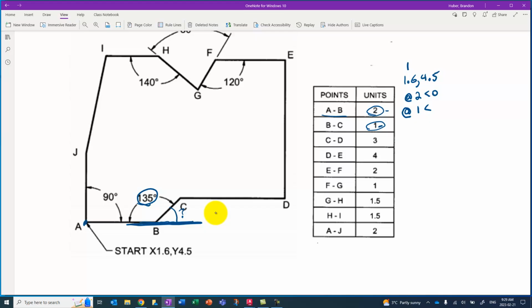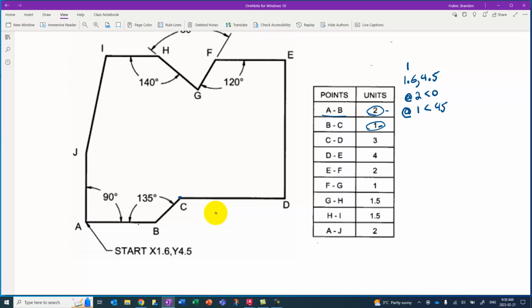If this is a straight line and we know 135, our unknown angle here has to add to 135 to make 180. So the unknown angle here must be 45 degrees. Not negative, just 45 degrees. So our command here would be at 1 angle 45. Okay, not bad. So far so good.